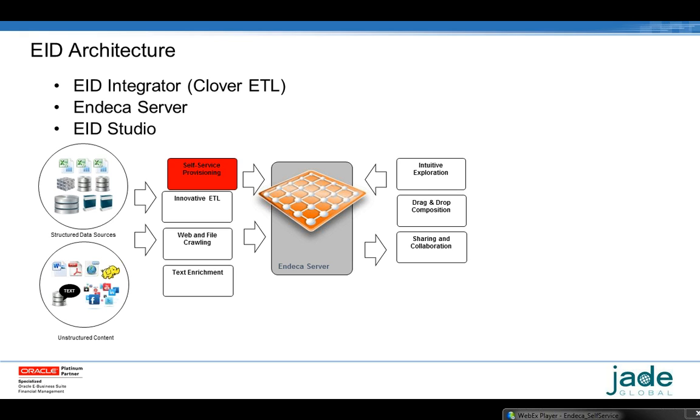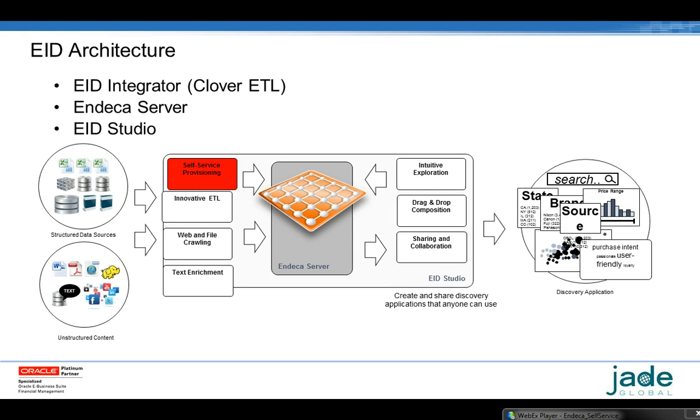We have a small demo on this, a 4-minute clip from one of our offshore tech leads. And once you have this ETL tool provision data into Endeca Server, then you can use EID Studio to create all your pages, or you can do sentiment analysis, you can do a tag cloud and then see what is the most important aspect that is governing your business. Okay. So this is about EID architecture.